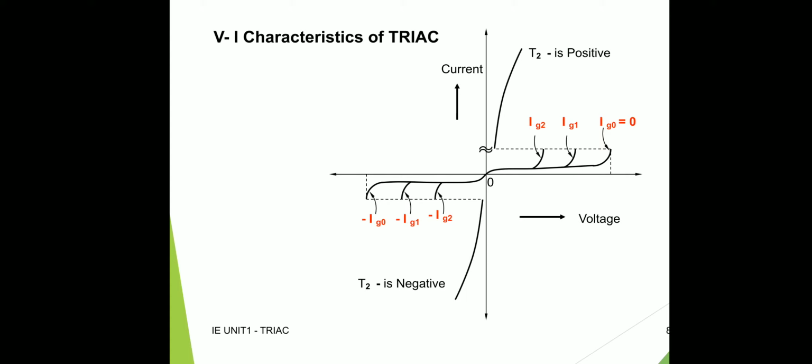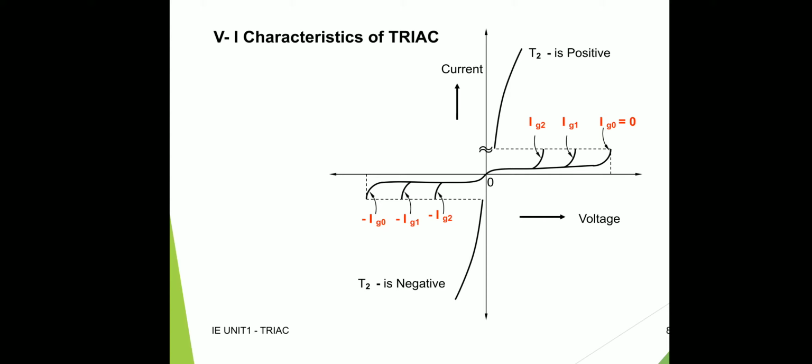See, these are the characteristics of the triac. Voltage, current, VI characteristics. It is in the first coordinate and the third coordinate, and the characteristics are the same. If you observe clearly, in the first coordinate these characteristics are similar to the SCR. The only difference is that the SCR conducts in only one direction, which is why its reverse characteristics are different.